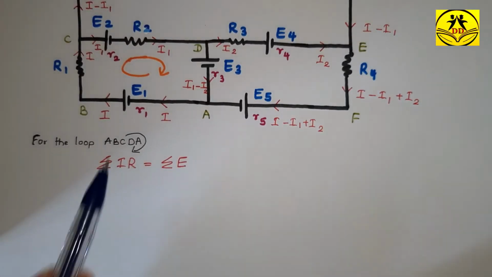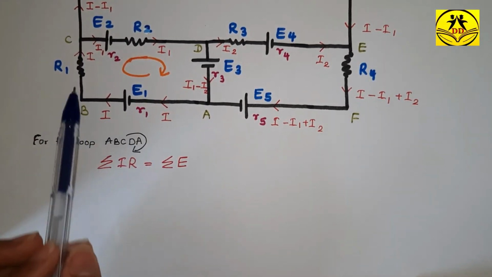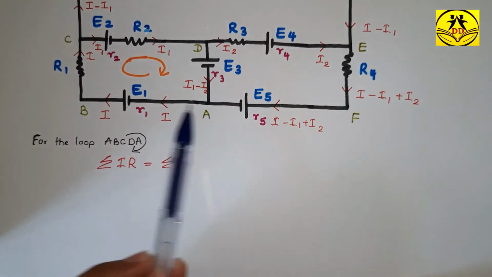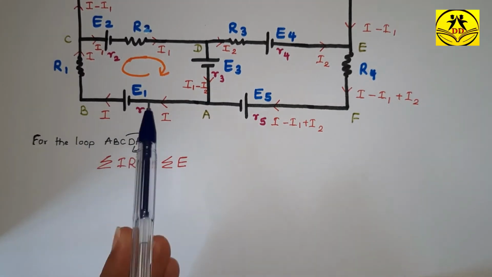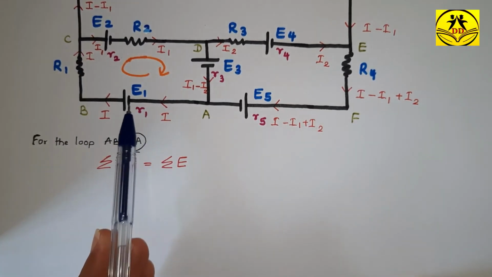What does that mean? Now we consider this loop. What's the direction of the current? This path. So here you see the direction of the loop and the direction of the current are the same.